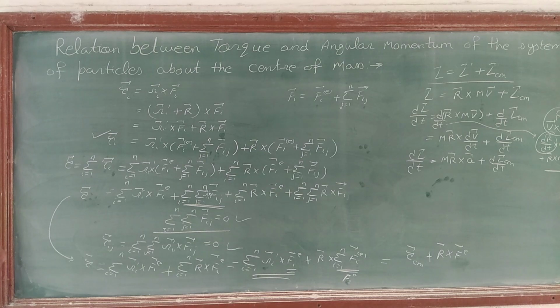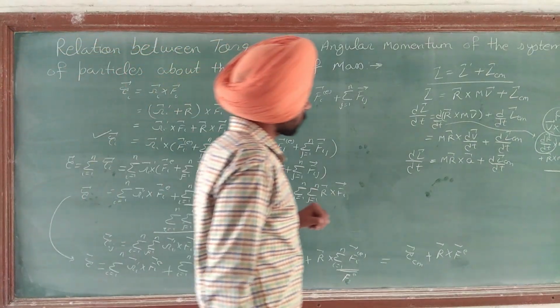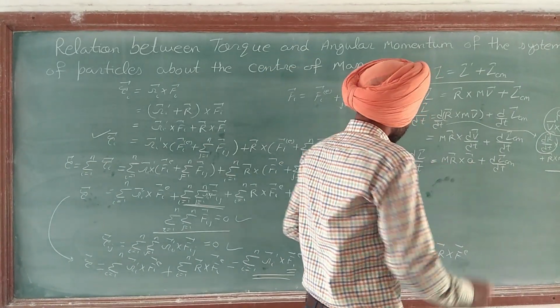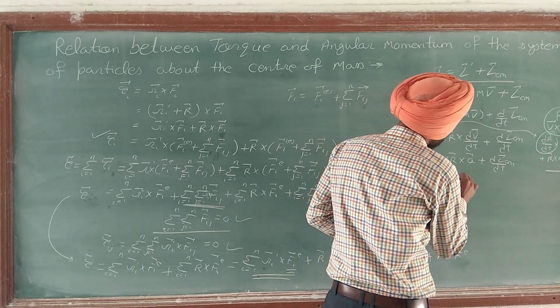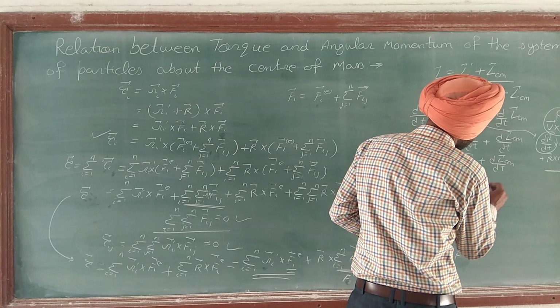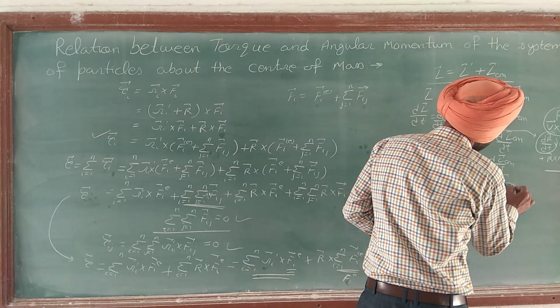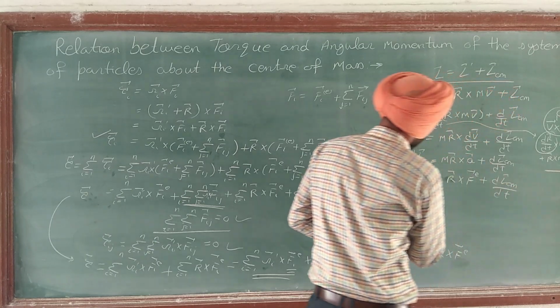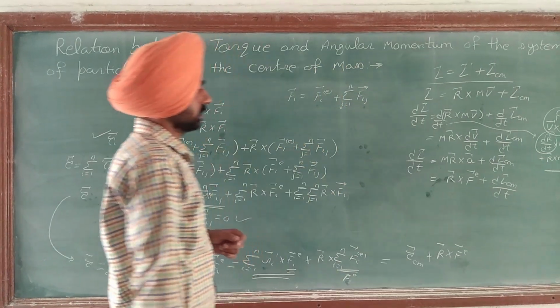Now this mass into acceleration is the force, so we can write this as R cross F, where this force is the external force acting on the system, plus dLCM by dt.